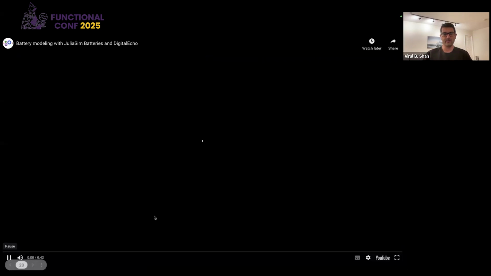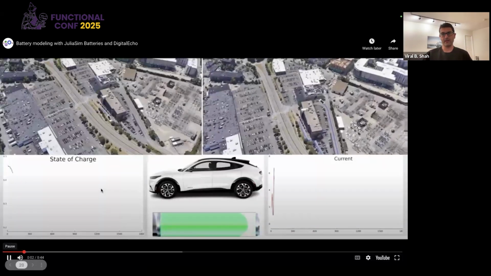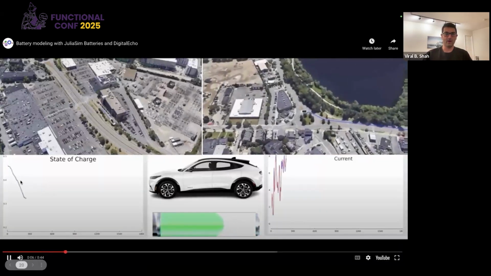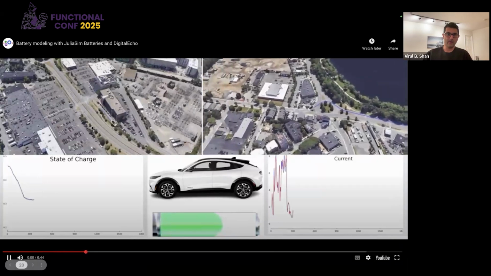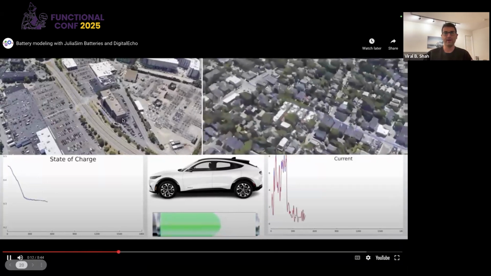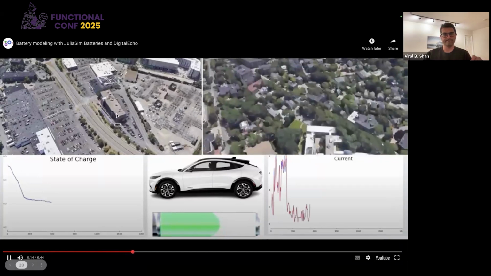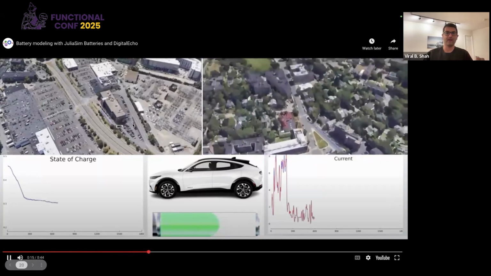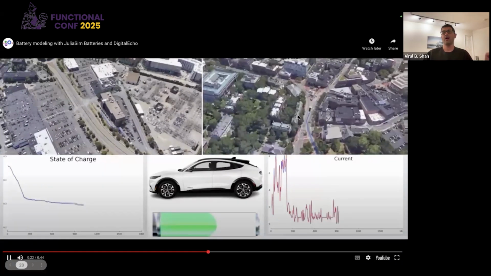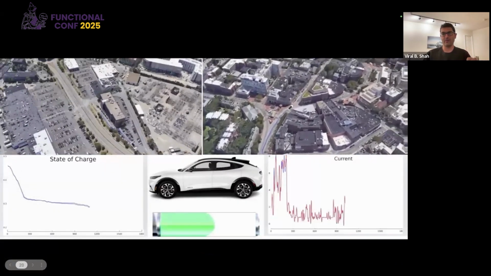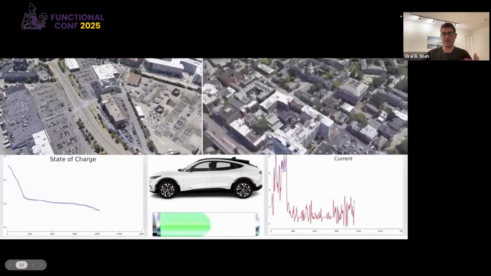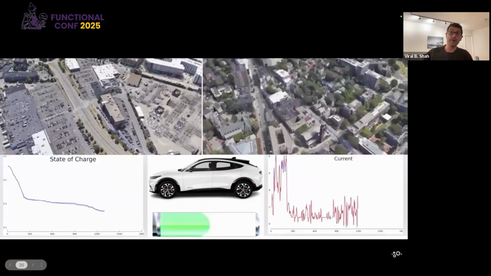For example, here's a simulation of an electric vehicle battery system, where the state of charge is being modeled. On the left there's a car driving on this map, and the left side is the physics-based simulation, and the right-hand side is a surrogate that has been trained on the battery simulations and is now running in real time because it is simply running the surrogate AI model rather than the complete physics-based model.